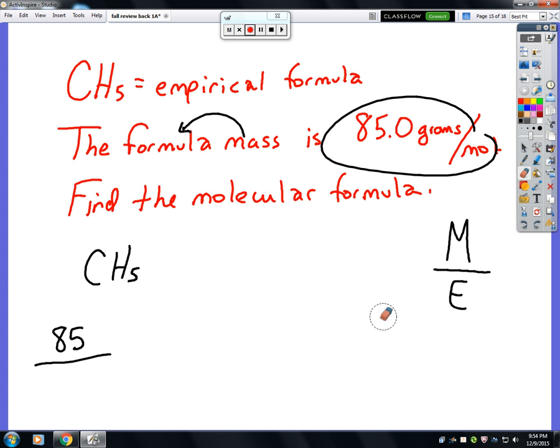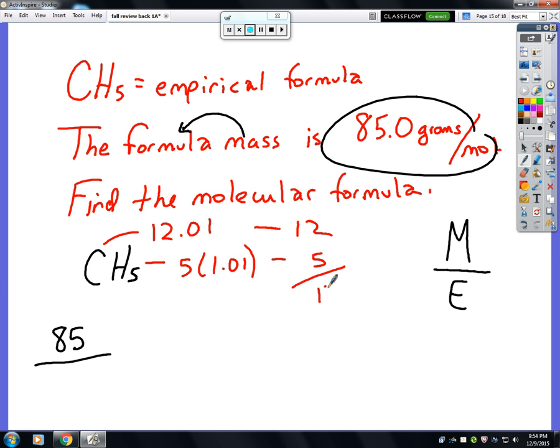You look on your periodic table and you say the mass of carbon is 12.01 and the mass of hydrogen is 5 times 1.01, and here you don't have to be as exact. So this is 12, and this is 5. That adds up to be 17. I put my 17 down here.